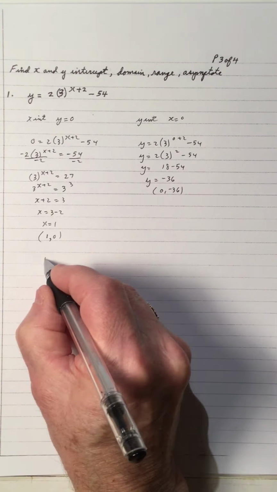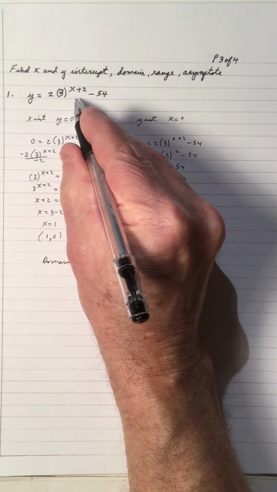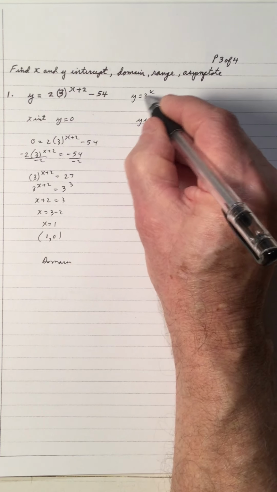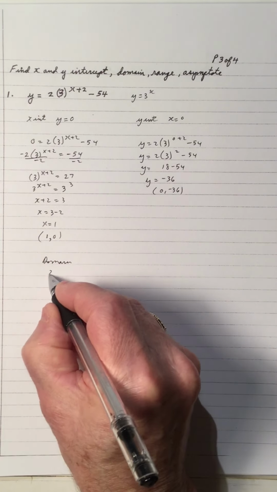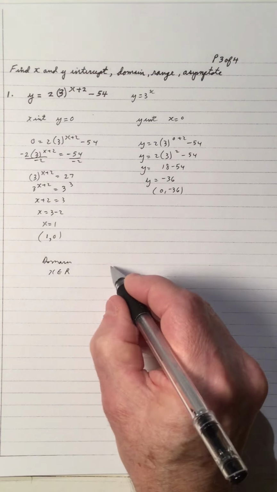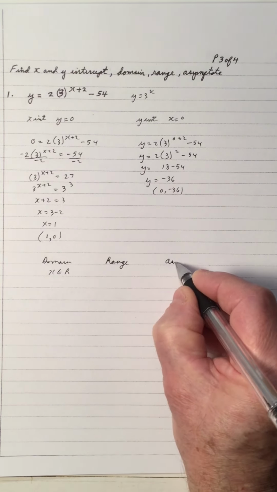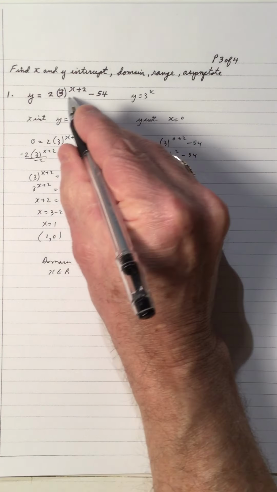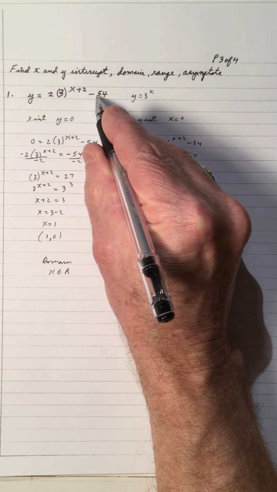Now we want to look at the domain. This is an exponential. Notice y equals 3 to the x is the basic curve here. The base is 3, so it's a growth curve. But the domain is always x belongs to the real numbers. And the range is in terms of the asymptote. So let's write down the asymptote. When the equation is written in this form, the asymptote is always the value of k.